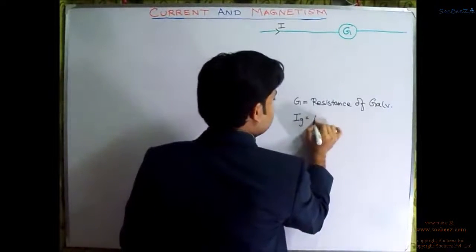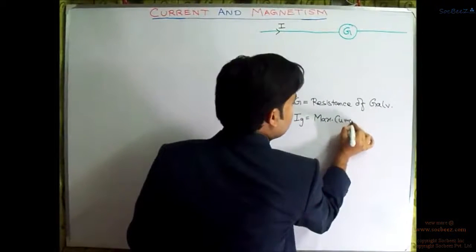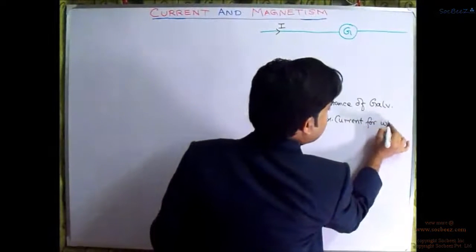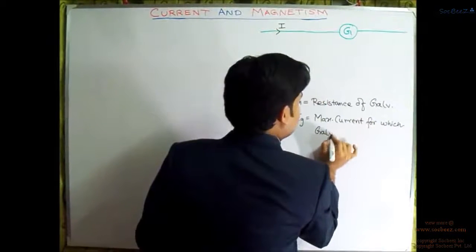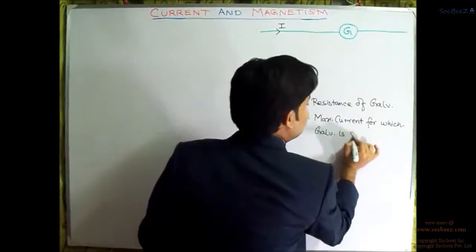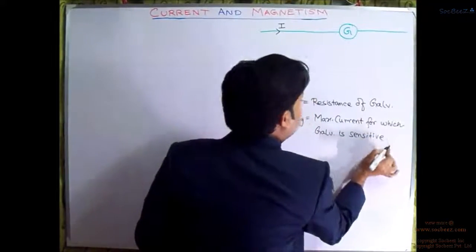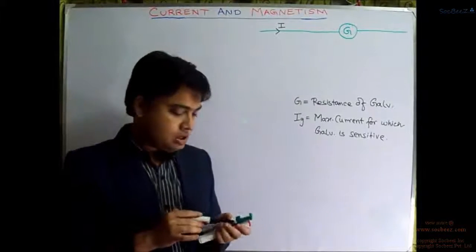Ig equals the maximum current for which the galvanometer is sensitive, because only if it is sensitive will it give deflection, right?